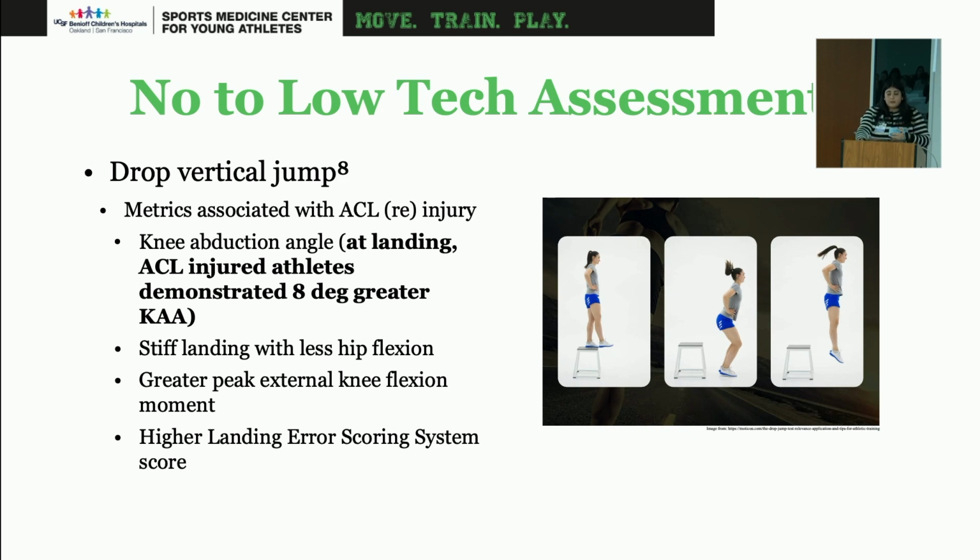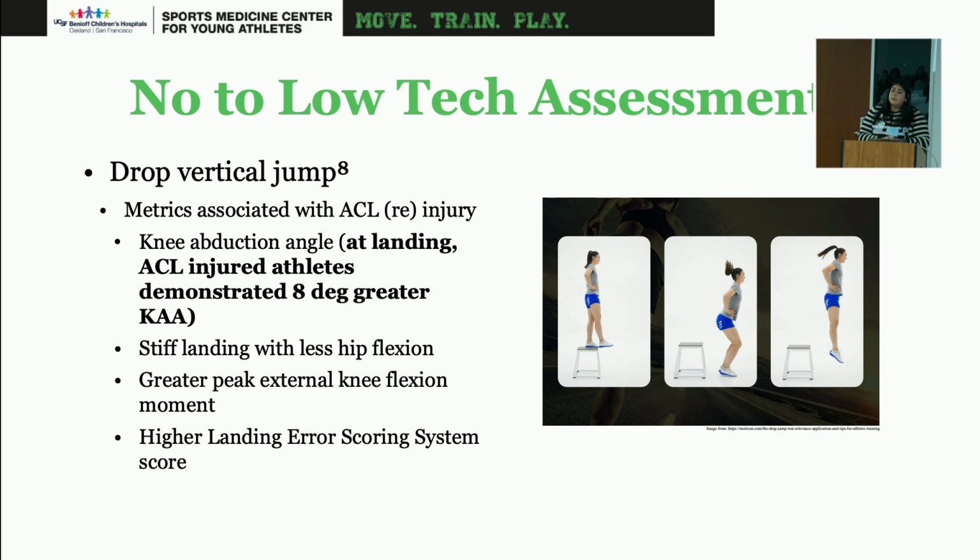But I still think this was good to bring up because not only are we talking about the knee abduction angle, but there are other really good points the study hit on that we can keep in the back of our mind when doing these assessments. Some of the metrics included a knee abduction angle at landing that was 8 degrees greater for the patients that had an ACL injury.